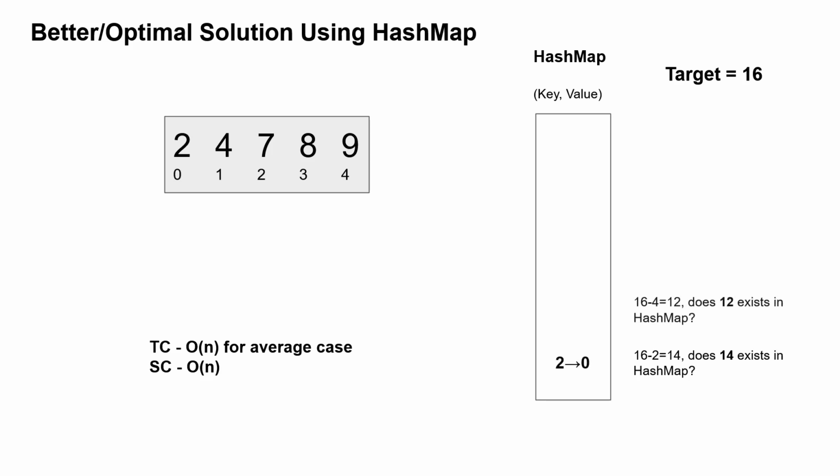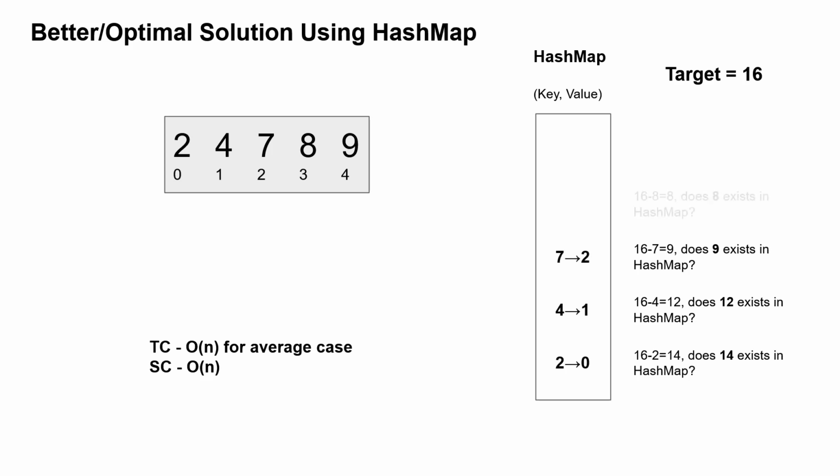So we will again move on to the next element, that is 4. Find the difference, that 16 minus 4 is equal to 12. So here we see that 12 doesn't exist in the hash map. So we'll simply insert 4 and its index 1 in the hash map. So then again we will move on to the next element, that is 7. So we will calculate 16 minus 7 is equal to 9. 9 again doesn't exist in the hash map. So we will insert 7 and its index in our hash map.